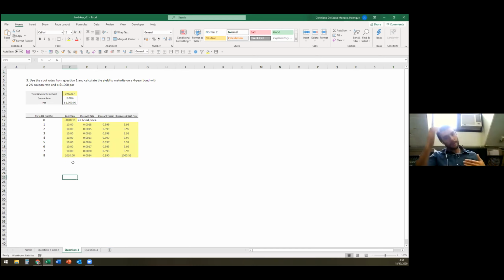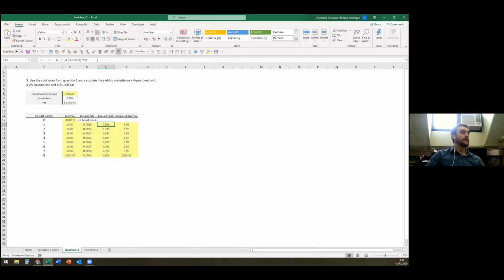Now remember, the bond price equals the discounted cash flows that you're going to be getting from it. So to do that, you would discount those cash flows to present value, and this will equal the bond price. For the discount rate here, sorry, you can use the spot rate from questions 1 and 2, okay?